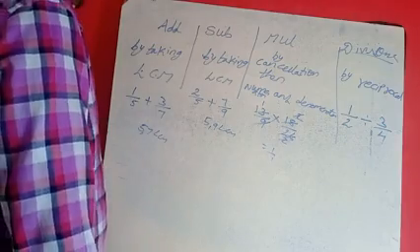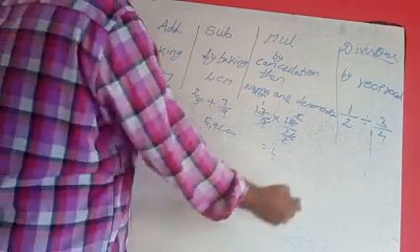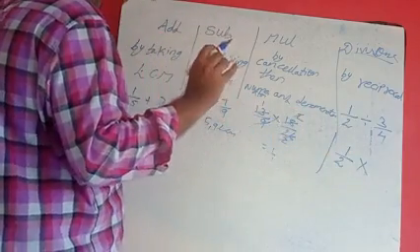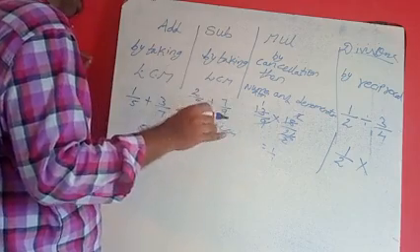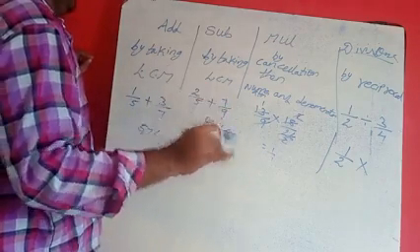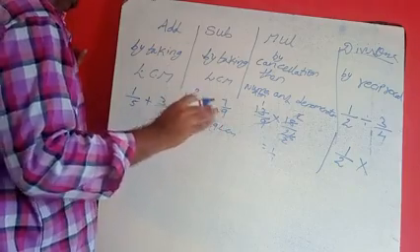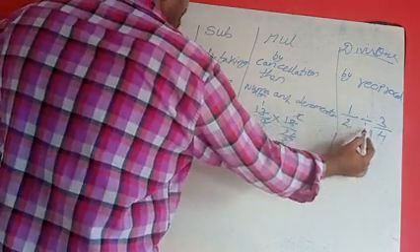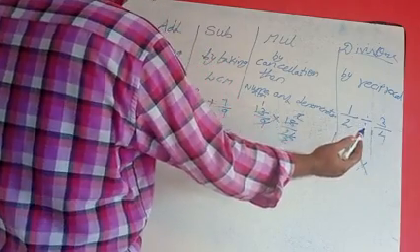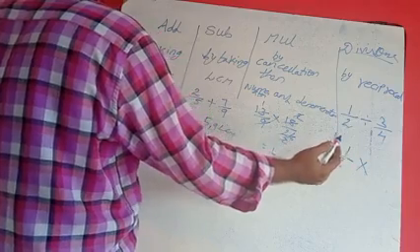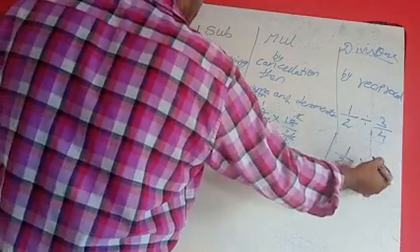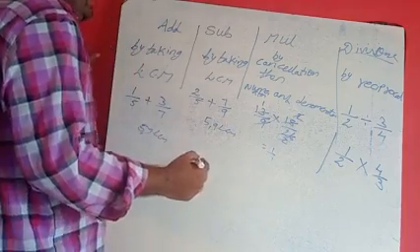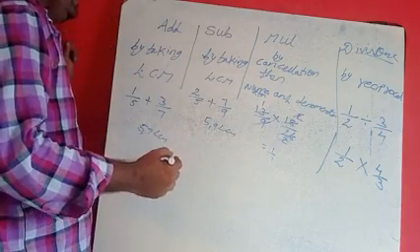What we have to do is take the reciprocal. Only the fraction given immediately after the division sign will become reverse, that means reciprocal, not the whole sum. So the reciprocal of 3 by 4, that means the reverse of 3 by 4, is 4 by 3. Now the division sum is changed into a multiplication sum.